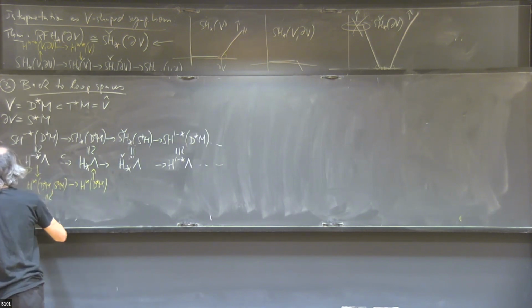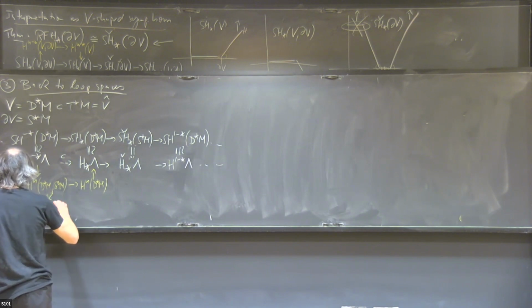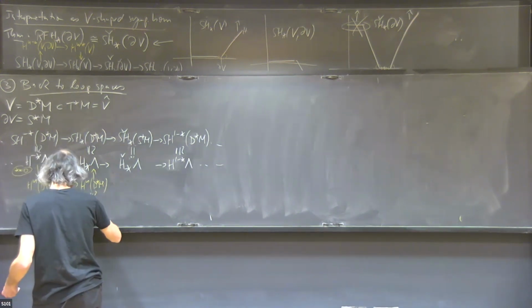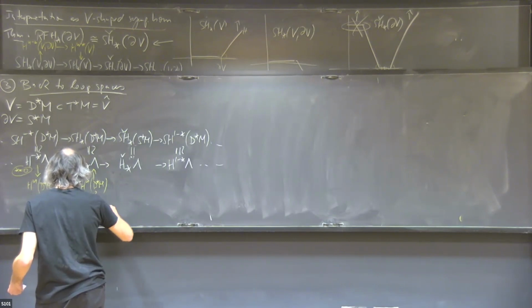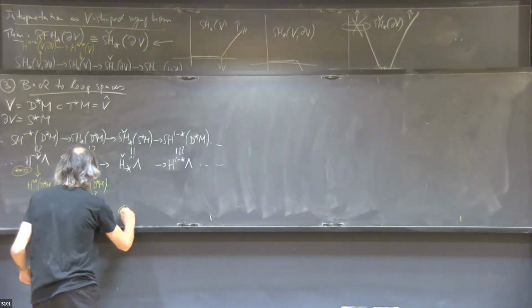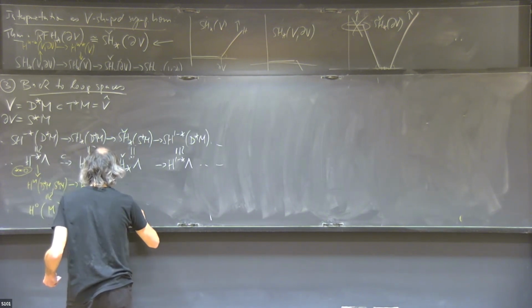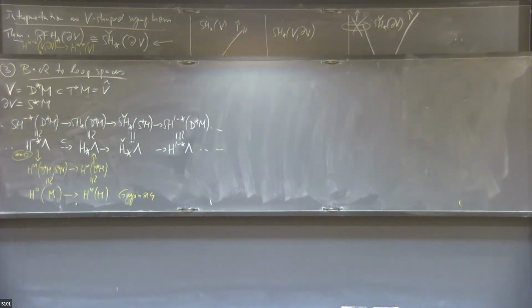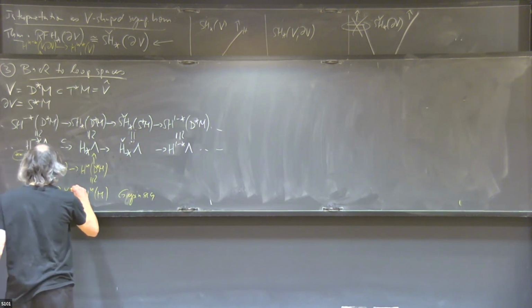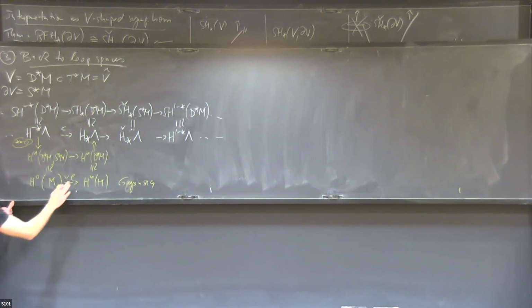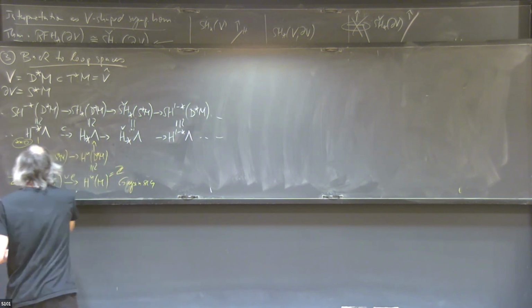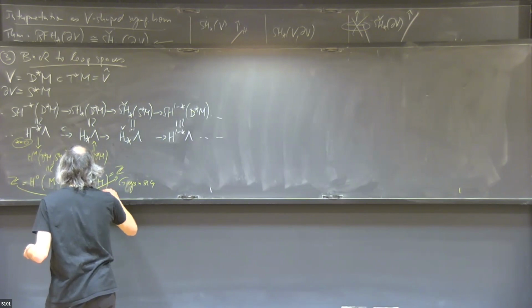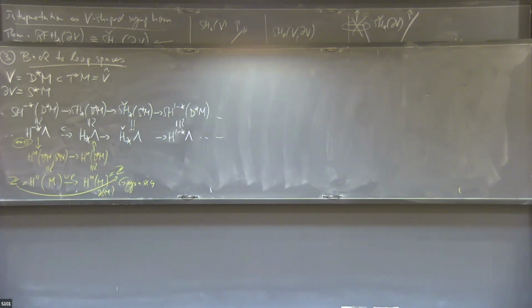This is H upper 0 of M. This by contractibility is H upper n of M. And down here you have the Gysin sequence, which means that here you have multiplication by the Euler class. Or in other words, if M is oriented, say, then this is the integers, and this is just multiplication by the Euler characteristic of M.